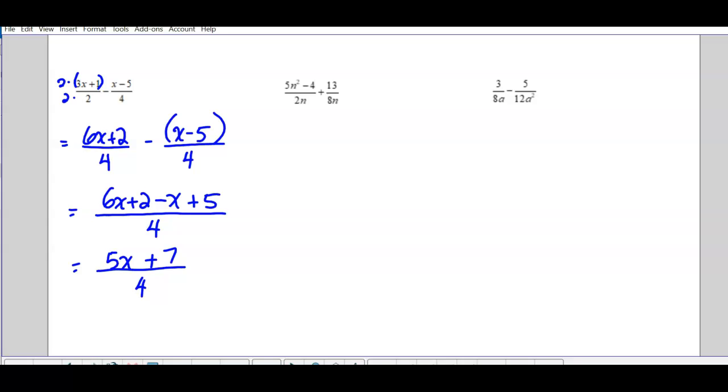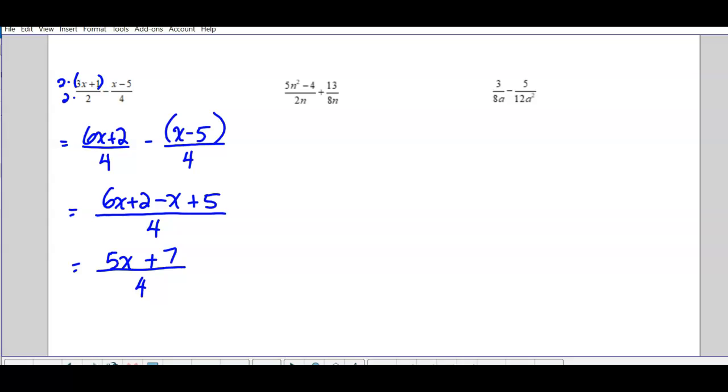Now with any algebraic expression, remember I think we talked about this back in the expanding part, you can check obviously by redoing your work. Another way of checking, because this isn't really like factoring and simplifying, where they're totally opposite, we're just combining them. So what you could do is substitute a value in for x.